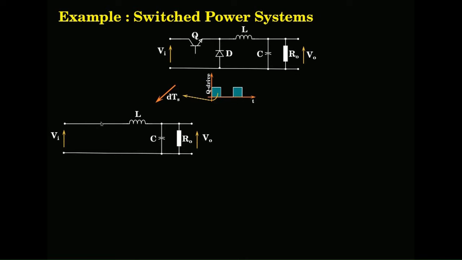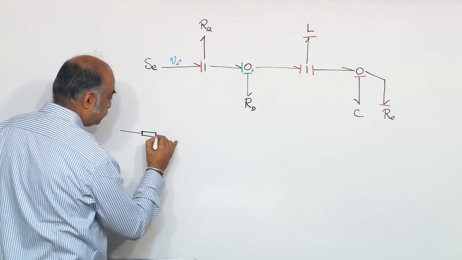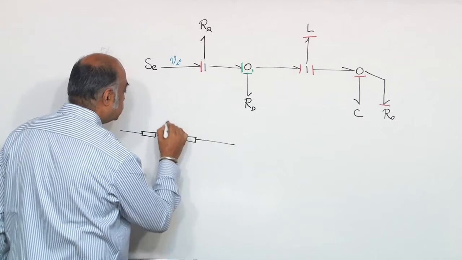In fact, here you can introduce any of the non-idealities of switch Q. You could have just a simple impedance, say a resistance there to indicate the on resistance of the Q, or you could have Q with capacitance. Or you could replace it with a macro model. Let us see some of the macro models.